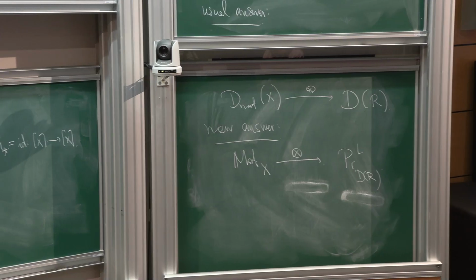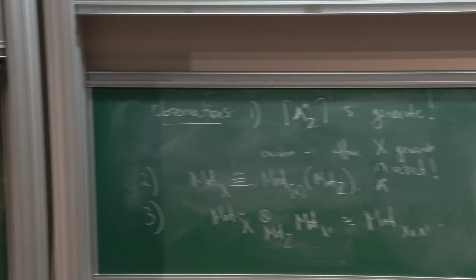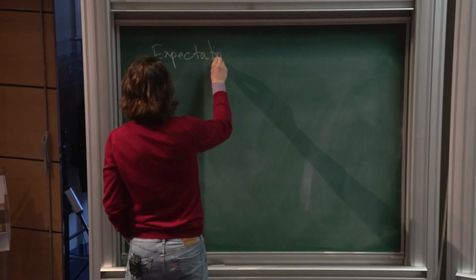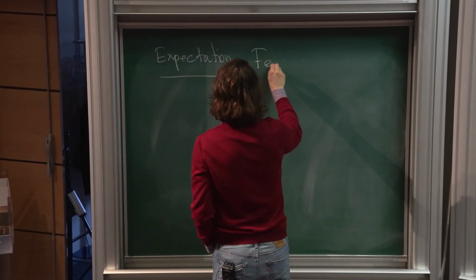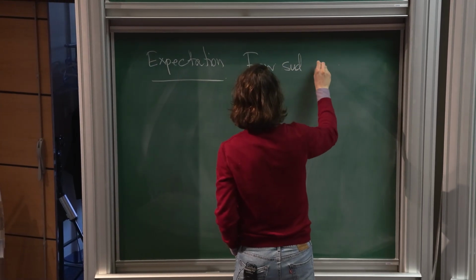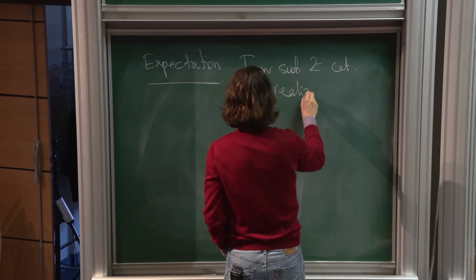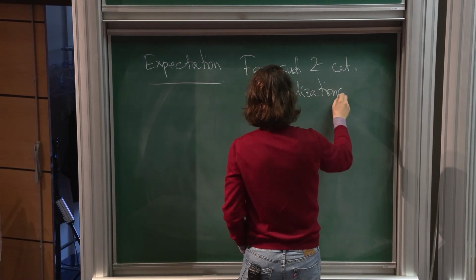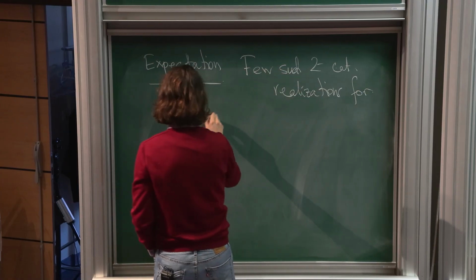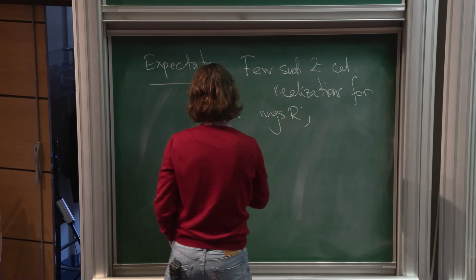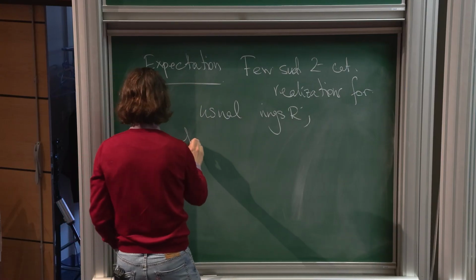So the expectation: there are few such 2-categorical realizations for usual rings R, but hopefully many more.